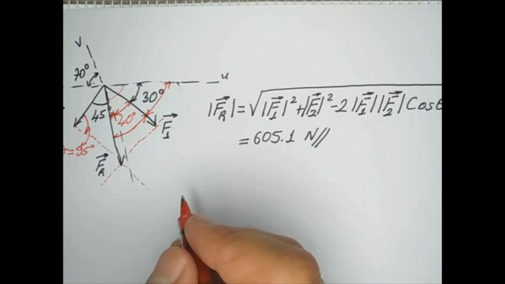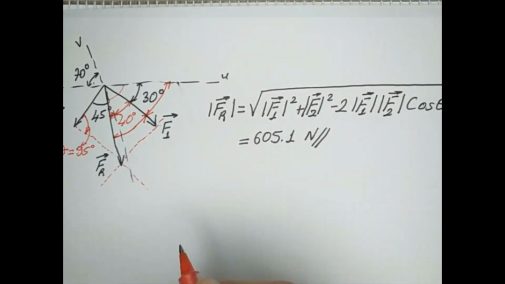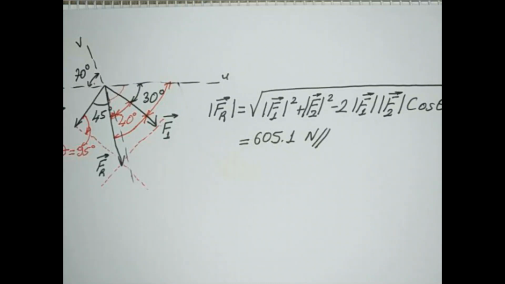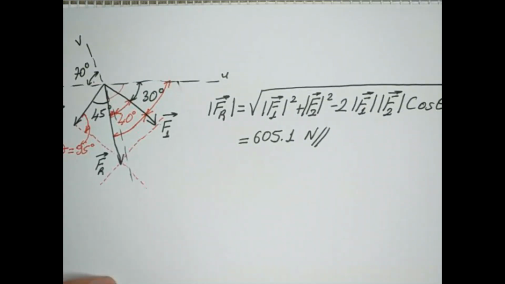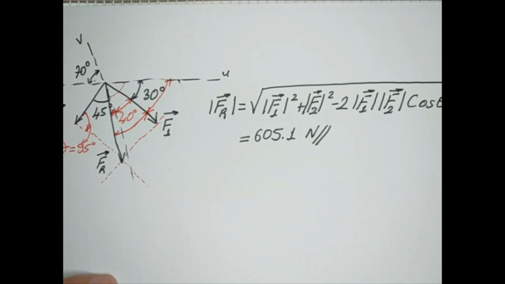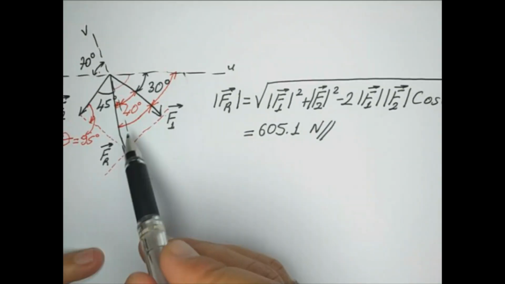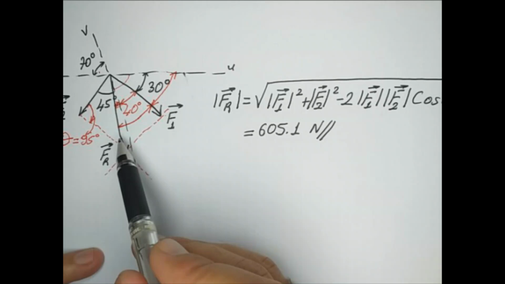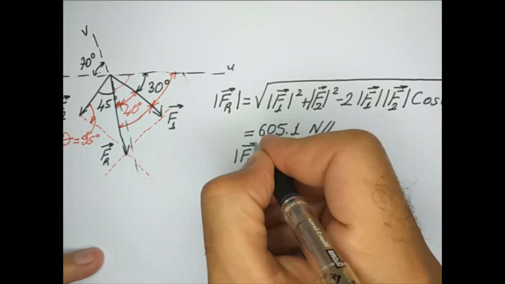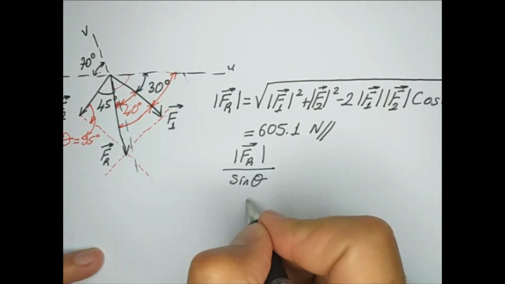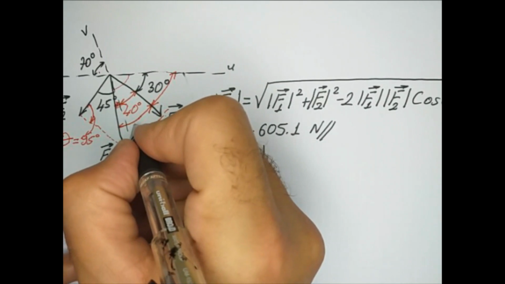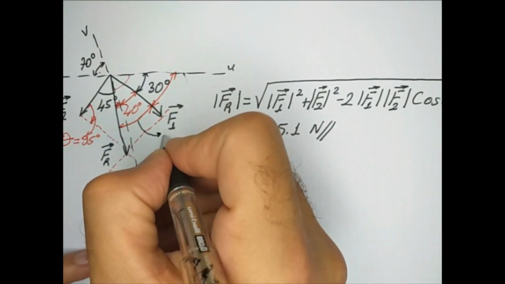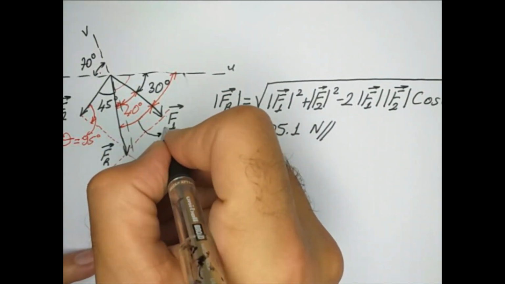Now in fact, it is straightforward. The magnitude of F_R divided by sine theta, if I say that this angle is gamma, this has to be equal to, this length has to be equal to F2.